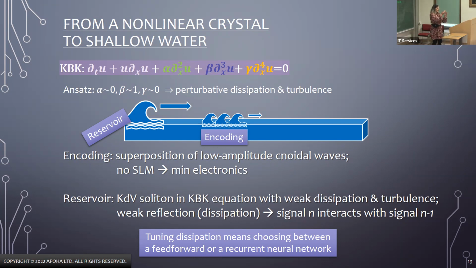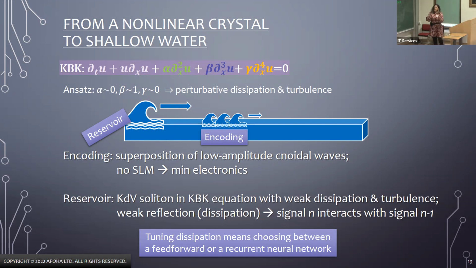first, let's say, the time t of our system interacts with the time t plus 1. Because every time you send encoding waves plus your soliton, you create a collision, and then you do your detection. If you have weak dissipation, this weak dissipation will destroy completely the contribution of the deflection into the trough.